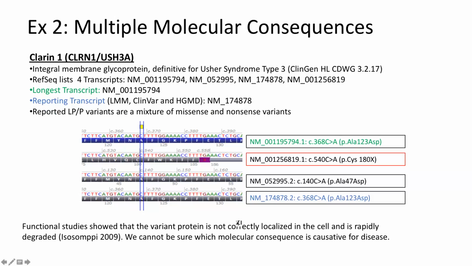So in this case, it turns out that the variant is pathogenic, and we did mention in our summary variant blurb when we submitted to ClinVar through the Laboratory for Molecular Medicine that we couldn't be sure which molecular consequence was causative for disease. But it is always important to consider the molecular consequence of each variant on each transcript and try to do some legwork for curation to decide which one to report or which one to analyze. This one did end up being likely pathogenic or pathogenic, I can't remember, so it didn't necessarily affect it, but it was important to note that there were multiple molecular consequences.